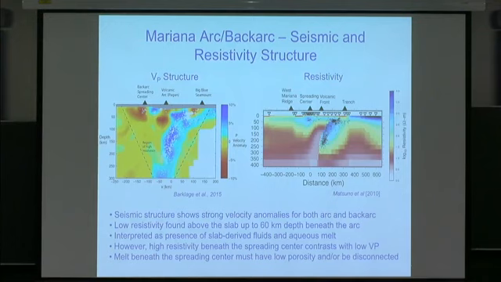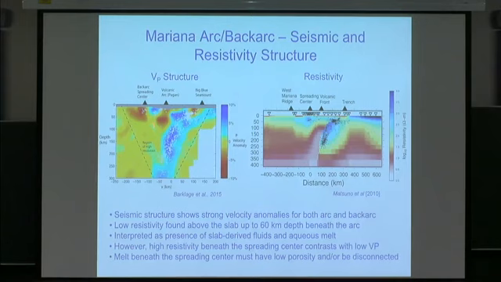One of the interesting things we see is that for the arc, we do see a large seismic velocity anomaly at about 50 to 60 kilometers deep. And we do see a low resistivity area coming up to about 50 or 60 kilometers deep, suggesting there are some high conductivity fluids or melt in that area.